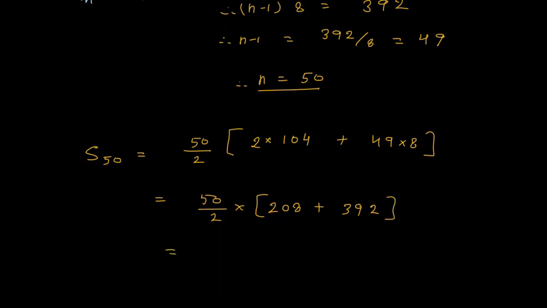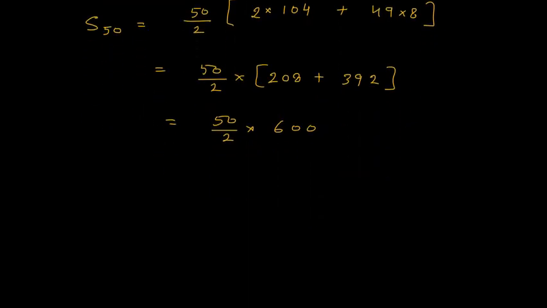Now this is 50 divided by 2 multiplied by 8 plus 2 is 10, 9 plus 1 is 10, 1 carry, 3 plus 3 is 6, so 600. 50 into 600 divided by 2 will give me 50 multiplied by 300, and 3 fives are 15, so it is 15,000. Okay, so S50 is 15,000.